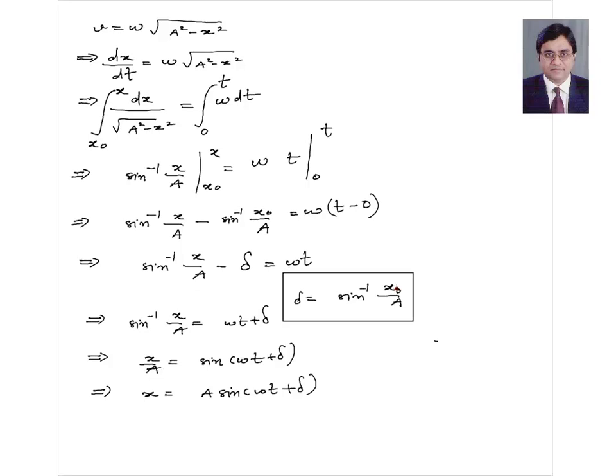Delta tells you about the initial state when the stopwatch was pressed. It is an angle. We are discussing linear motion, but it is an angle. Obviously, this angle cannot be for the motion. I mean, it's a straight line motion, right?